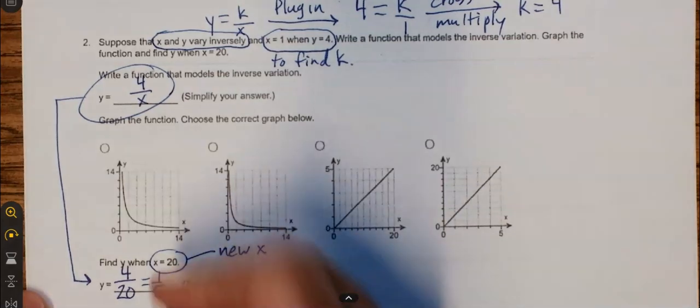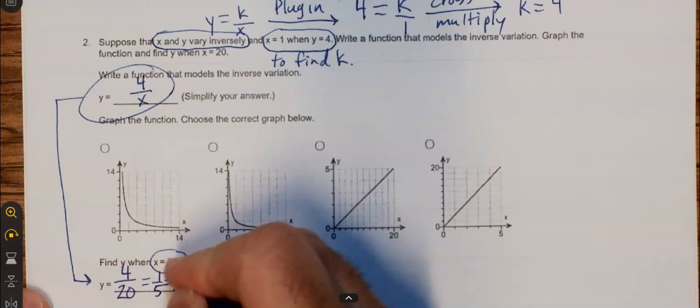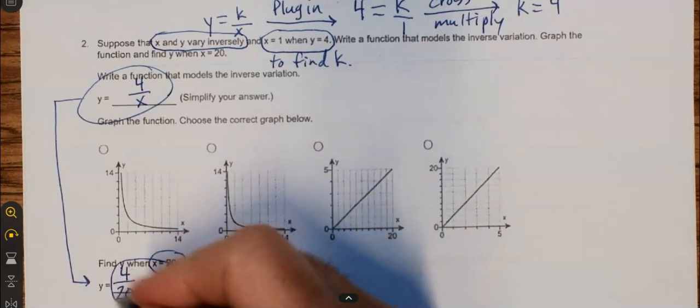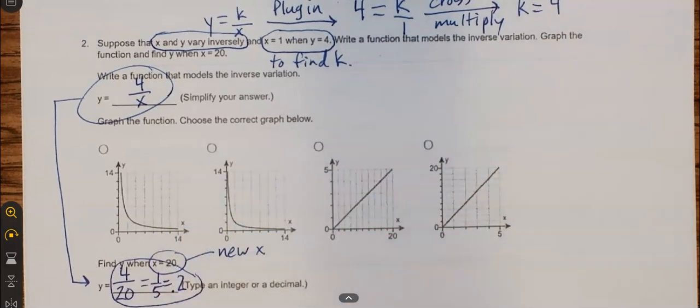Now, do you think I would take 0.2, which is the decimal version of that? Oh my goodness, look at all those possible answers. And if you just wanted to write 4 over 20, because that makes you happy, go for it.